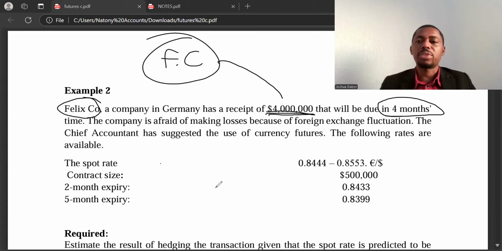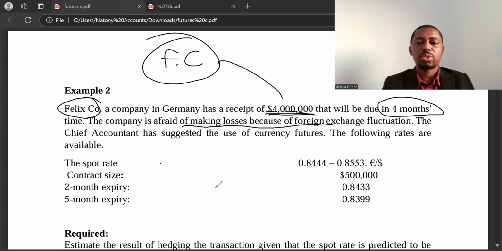So as a result, the company may want to hedge this transaction, with a derivative contract or a forward contract. But in this question, we are looking at the futures contract. So the company will be using a futures contract to hedge this transaction. In 4 months' time, the company is afraid of making losses.